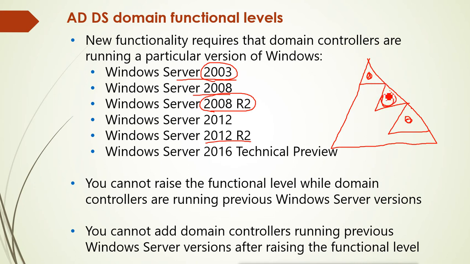Both will be compatible and both will work. We don't have to do anything else. But if I increase the functional level to Server 2012 R2, then I cannot add Server 2008 domains here in the forest. It depends on the forest functional level which domains you can add.